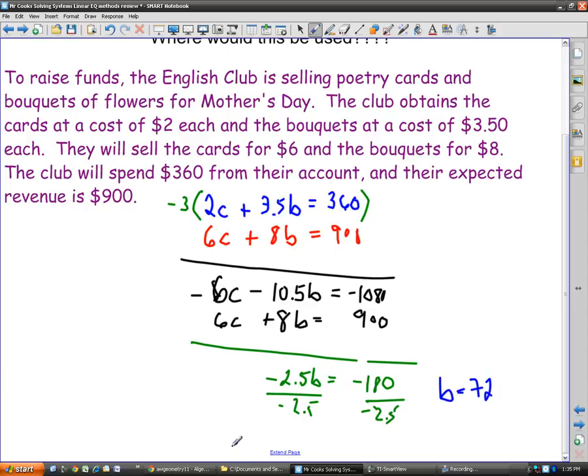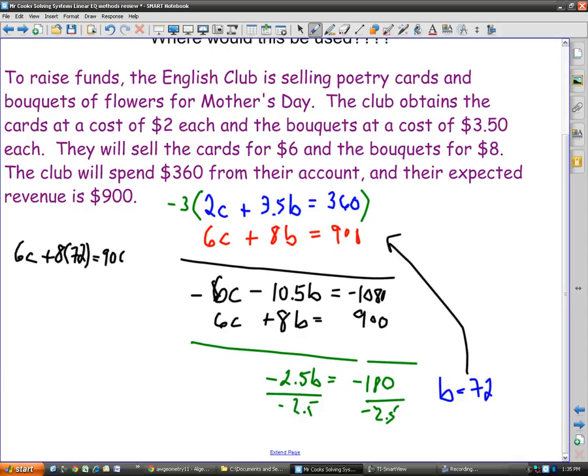So then if I want to find out how many cards I need to sell, which is the other part of this, then I will substitute 72 back into either one of the above equations. I'm going to use the bottom one because it's all whole numbers. So 6c plus 8 times 72 will equal 900. All positives, nothing to worry about on that.